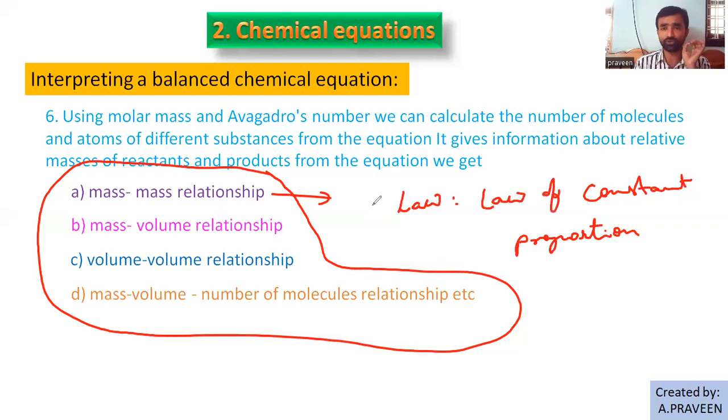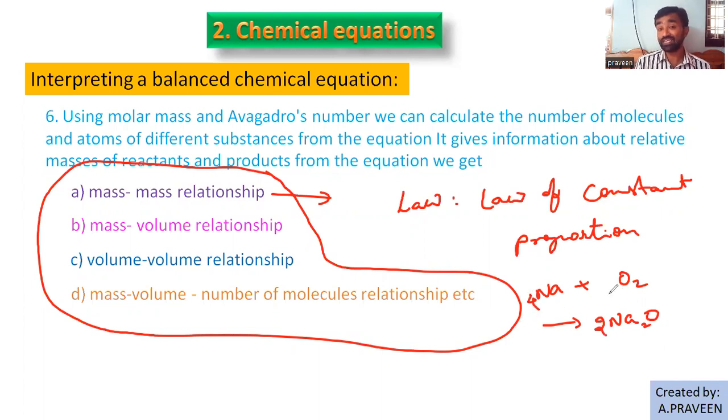Suppose sodium is reacting with oxygen gas to produce sodium oxide. Here, is it a balanced one? No. To balance it, what do we require? 2 here and 4 here.